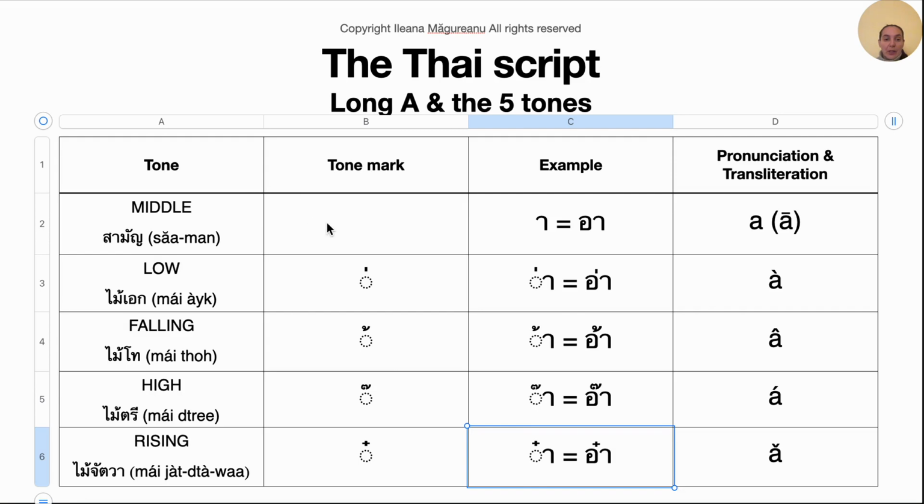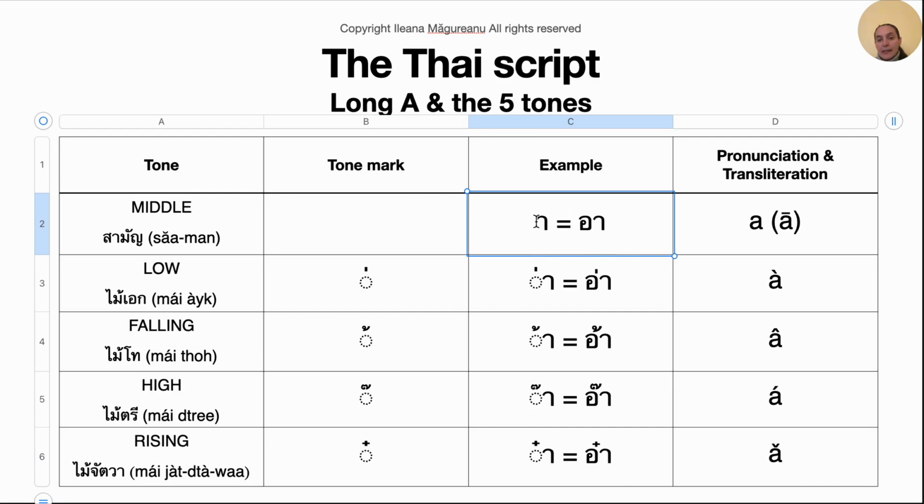The first tone, the middle tone, has no tone mark whatsoever. So when you see something that has no tone mark on top, just assume that's the middle tone. There will be exceptions in the future, but first, let's just remember this rule: no tone mark on top gives the middle tone. This is the example.